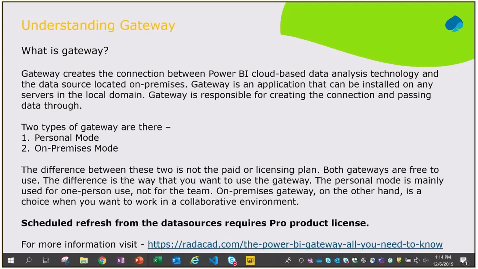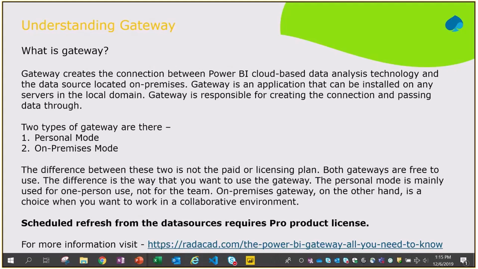So the difference is basically, you will choose personal mode if you're the only person and you want to refresh manually. In personal mode, you have to create the gateway on your own personal laptop or machine, and the on-premises gateway you can install on servers which are running on a day-to-day basis.